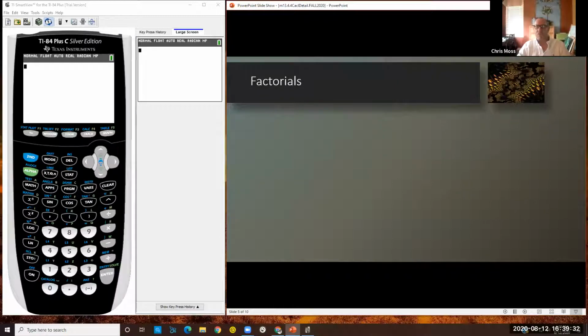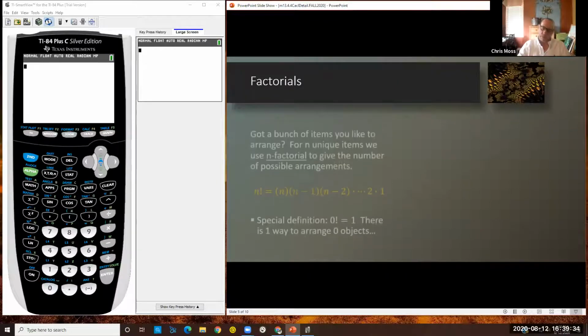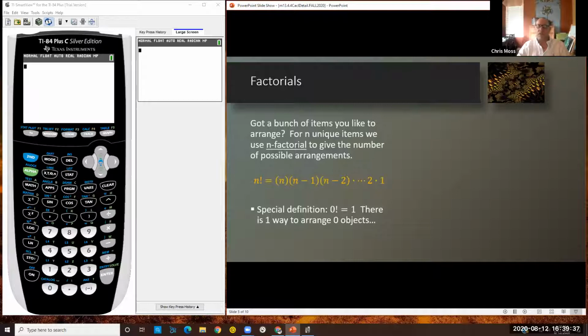Now, let's talk about factorials. You've got a bunch of items you'd like to arrange, something special on the shelf, awards, what have you. Well, if you have n unique items, we use the factorial formula to give us the number of arrangements. The formula is n factorial.